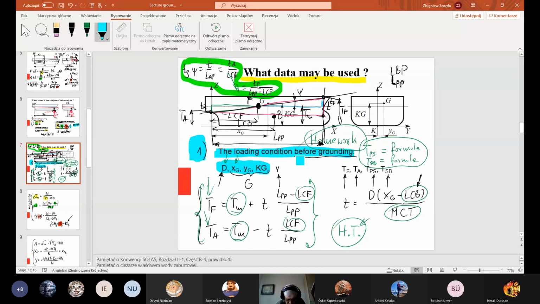If we know the loading condition, we are able to calculate fore draft, aft draft, and additionally port side draft and starboard side draft. So these four drafts are known to us because we know the loading condition, so we can calculate this.